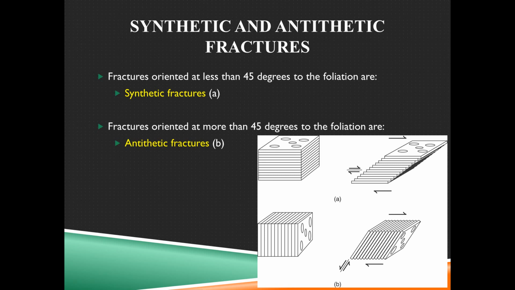So if we have a foliation and sense of motion that is similar to the orientation of the fractures, so less than 45 degrees, basically it's like you have a deck of cards sitting there on the table, and you slide the top of the deck so you've got some shearing going on, and the foliation is in the same direction as the motion, and the fractures, which is basically between each playing card, is a fracture because it's not solid. It's all in the same direction. So that's like in this top image here.